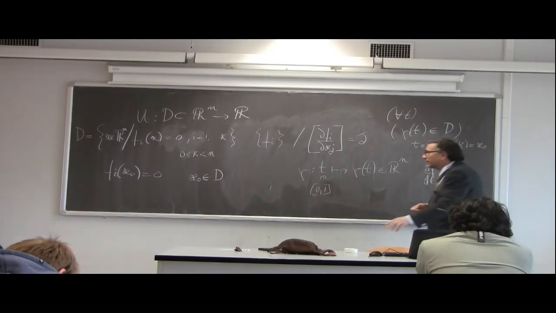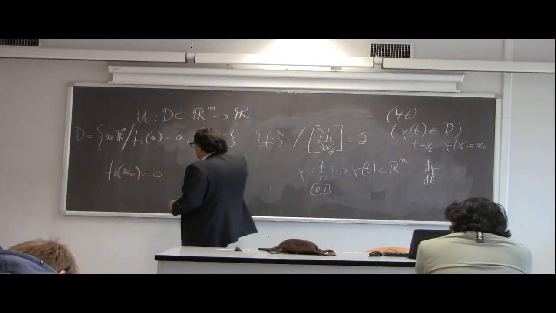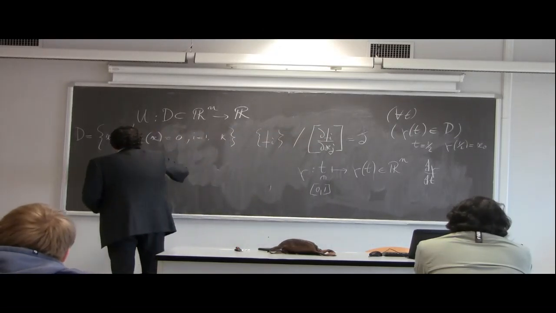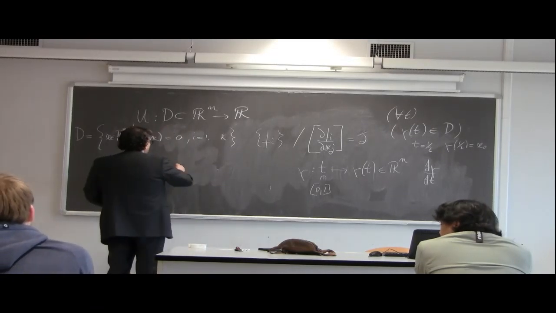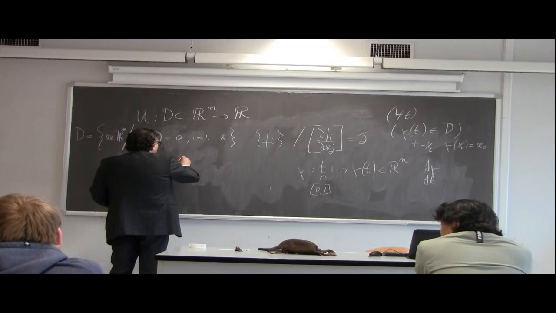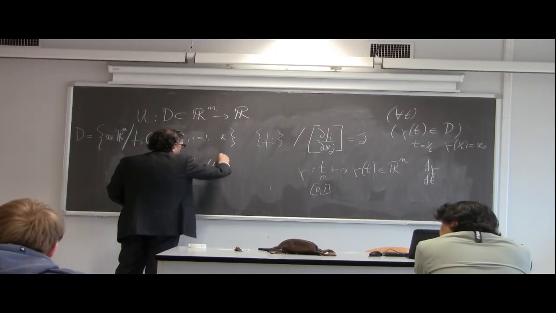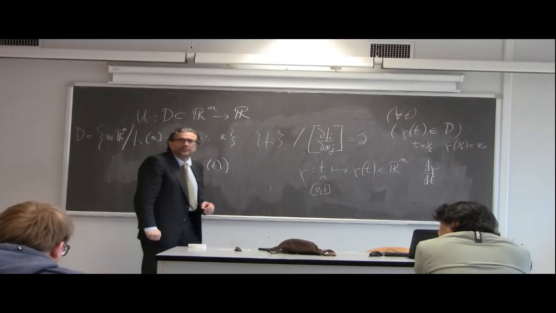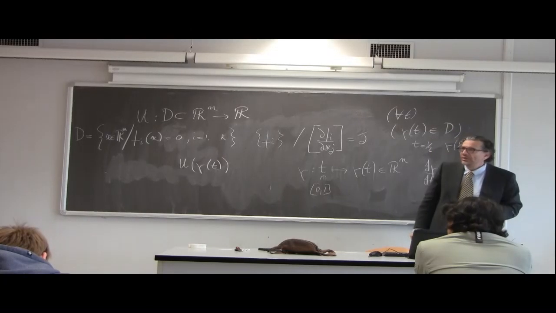Why do we need this? We need this because we can consider the function u of gamma of t. We can consider the composed function.